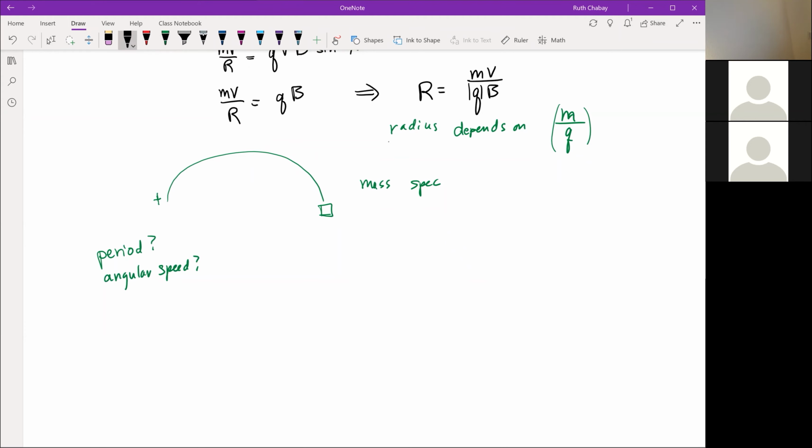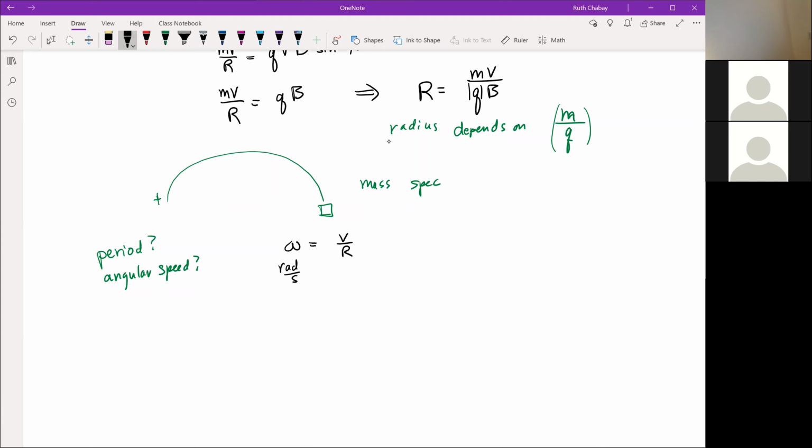Remember that the angular speed, in radians per second, of an object traveling in a circle is equal to v over r.